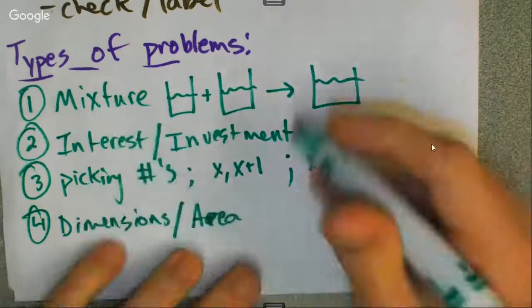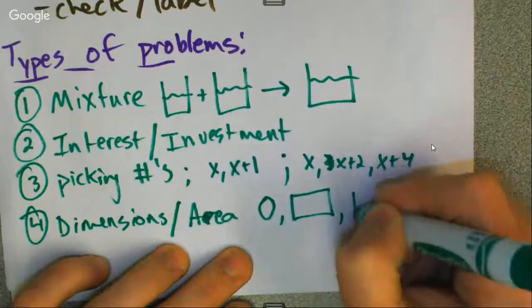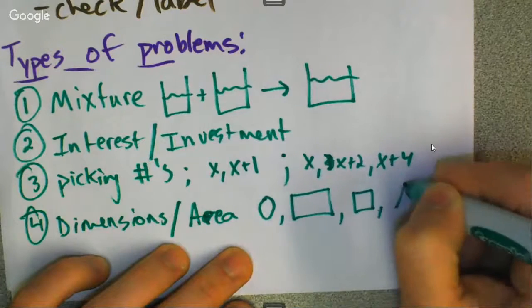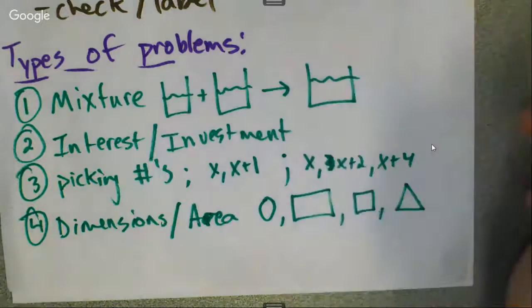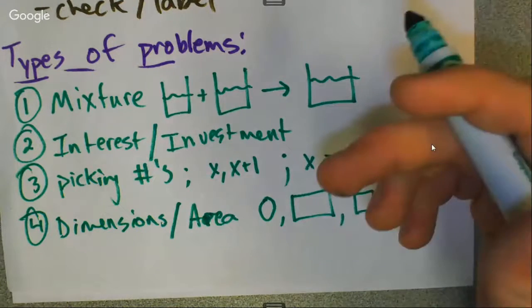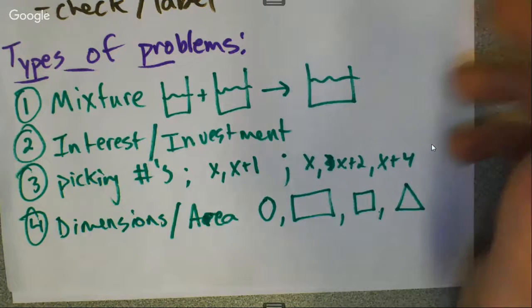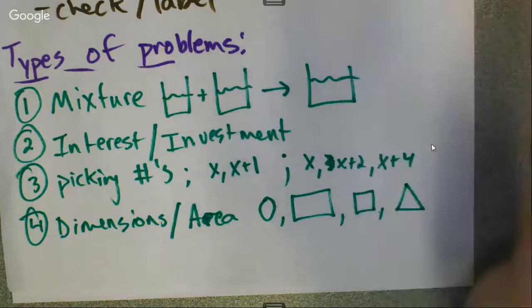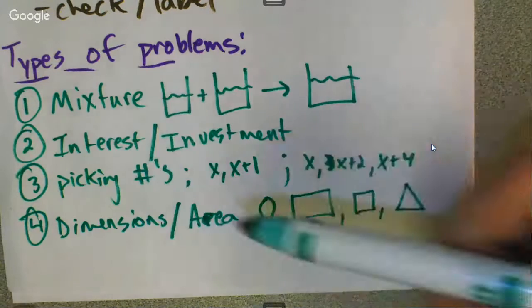So that's like circles, rectangles, squares, triangles, anything like that, where we're comparing some problems. So like a rectangle 24 meters long has the same area as a square with 12 meter sides. What are the dimensions of the rectangle? Okay, so these are important to be drawing pictures of what is going on.